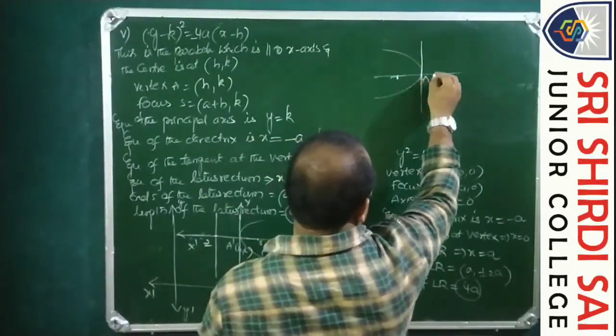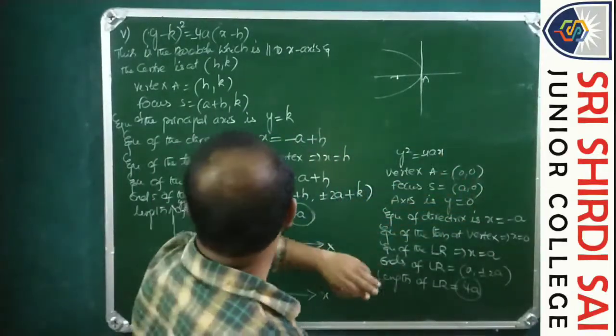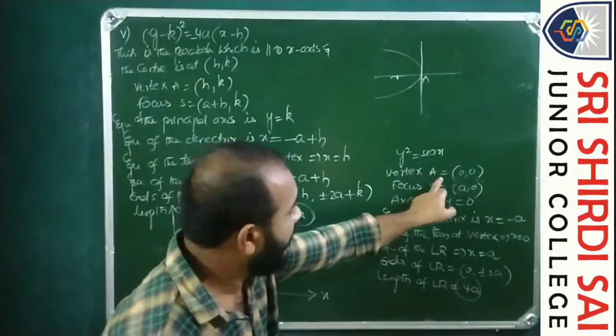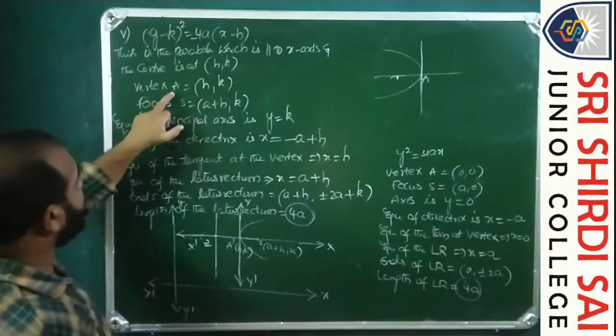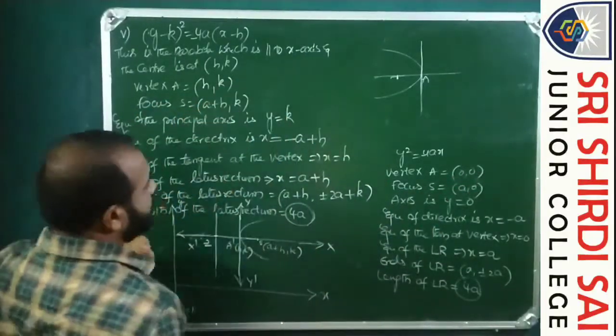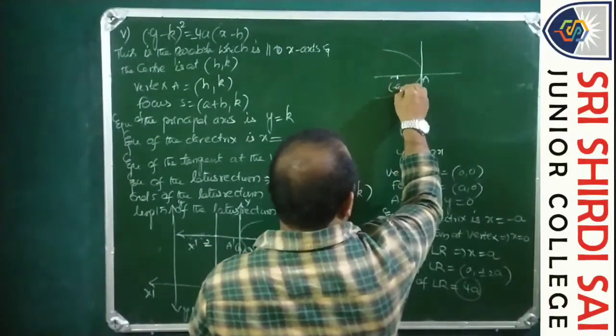The vertex is 0 0. So for y minus k whole square, the vertex is 0 0. For this, the vertex is h comma k to be added. And for this, focus is minus a comma 0.